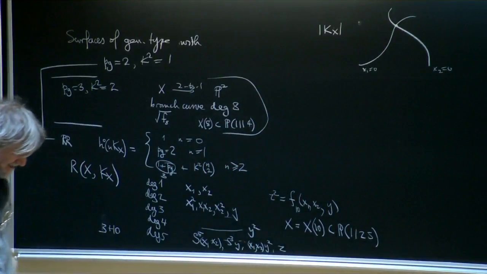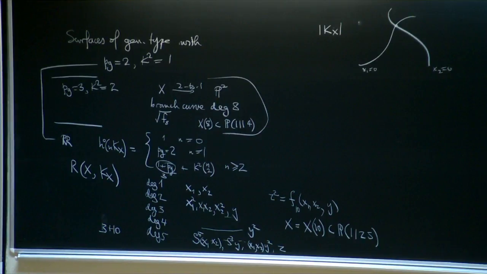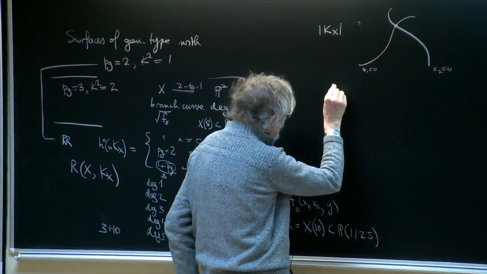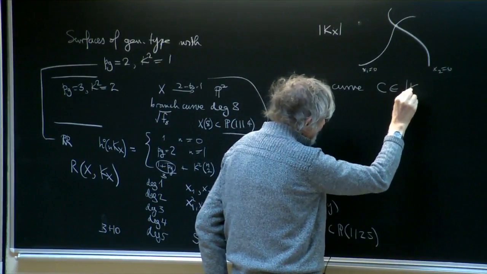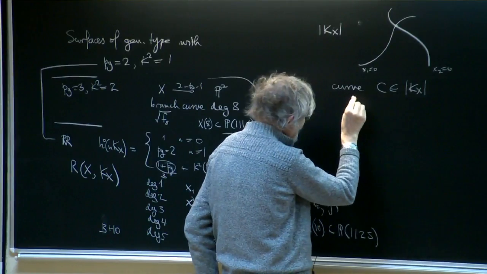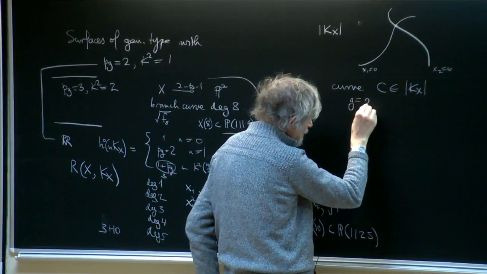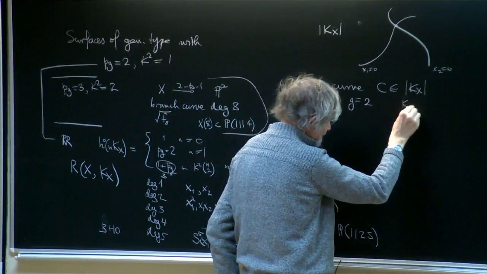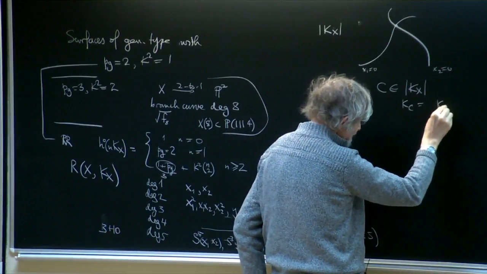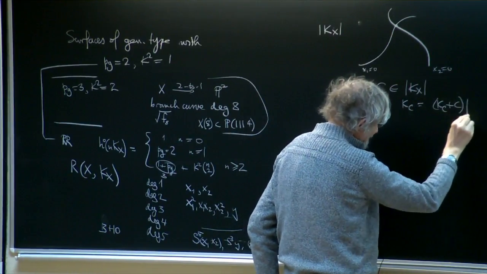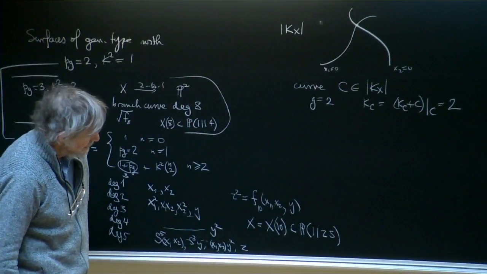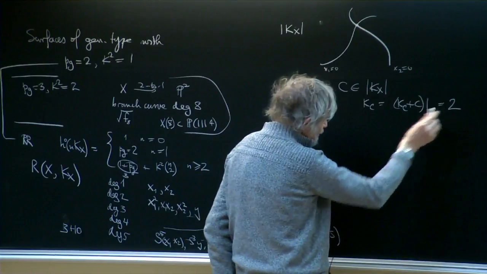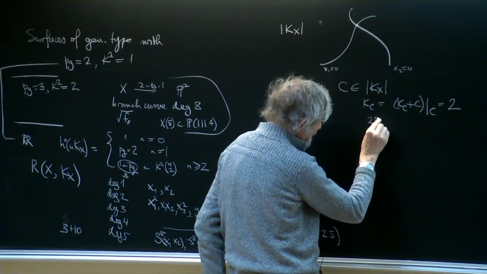So that means the general curve has to be irreducible, and so the curve C in KX is a curve of genus 2, because KC is K plus C restricted to C, which is 2. And actually this is not just 2, it's twice the point P.